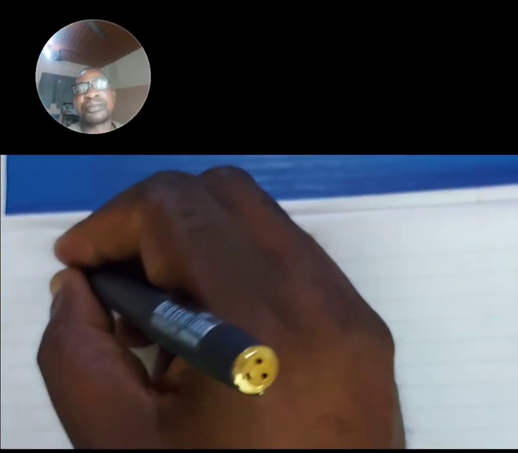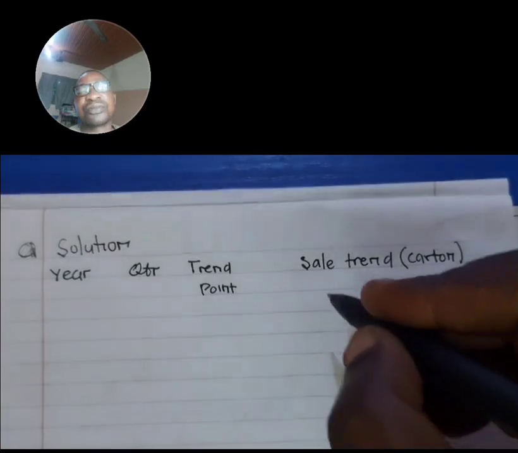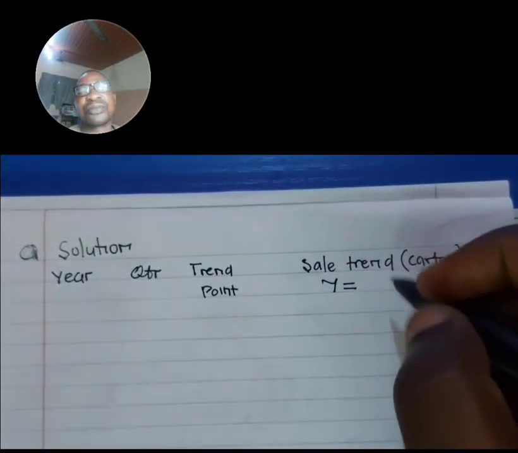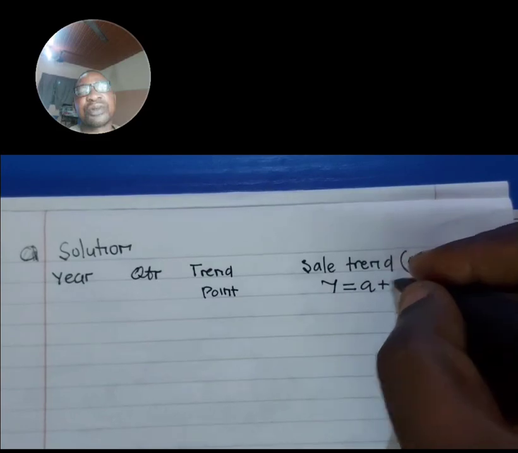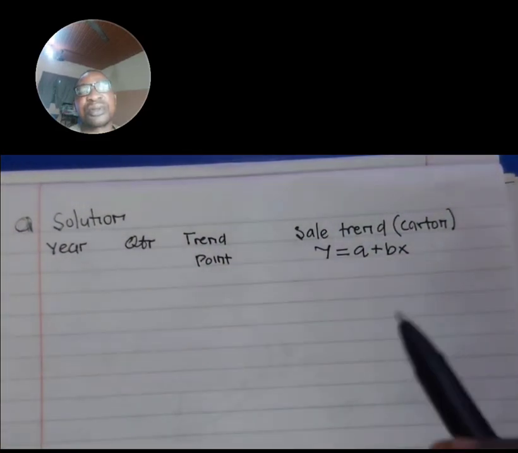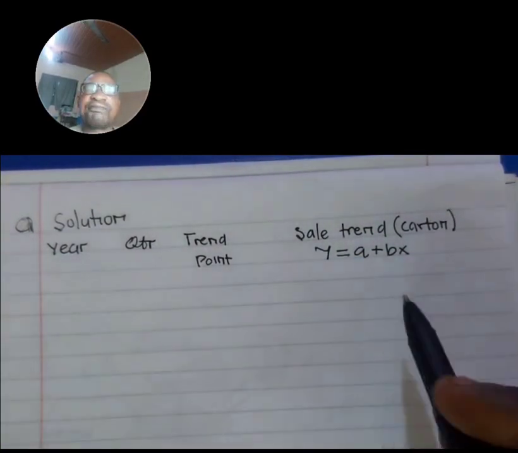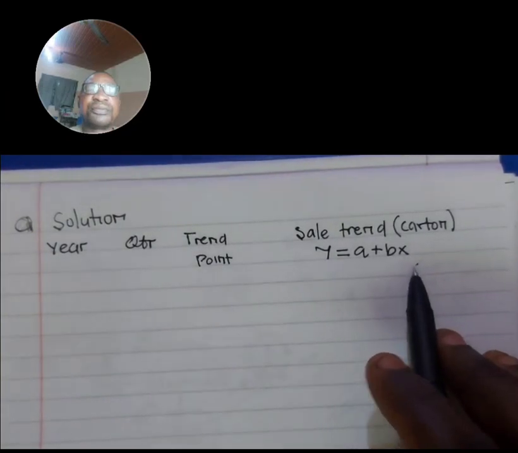So let us get started. You come to your solution and write A, our solution. The sales trend is given as Y equals A plus BX. Please watch my video on how to use regression analysis in time series, so you understand how this is done properly.